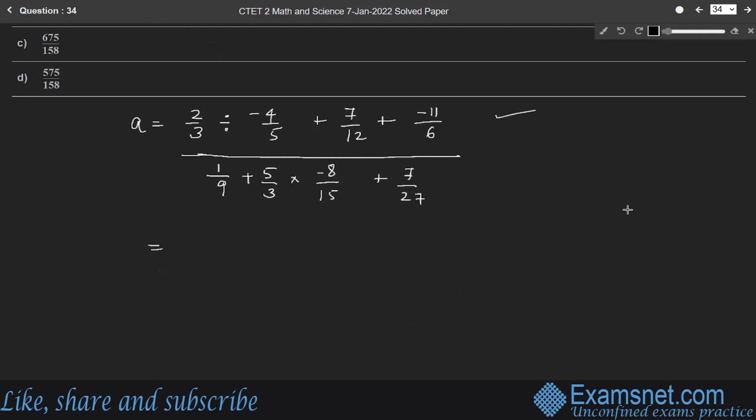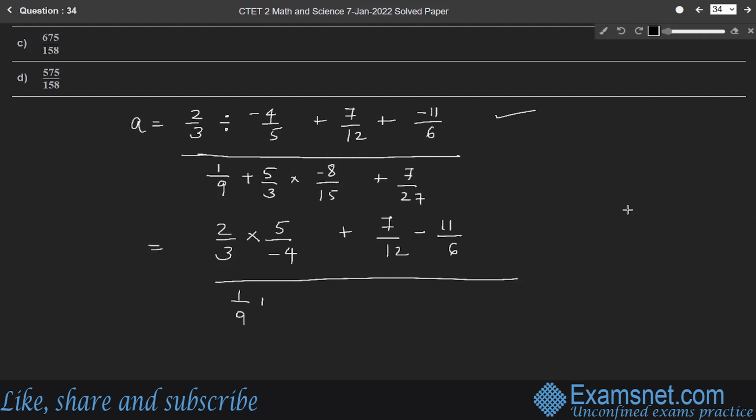So consider the numerator. 2 by 3 divided by minus 4 by 5 is written as into 5 by minus 4, right? Plus 7 by 12, plus of minus is minus 11 by 6 whole, divided by 1 by 9 plus 5 by 3 into minus 8 by 15 plus 7 by 27.